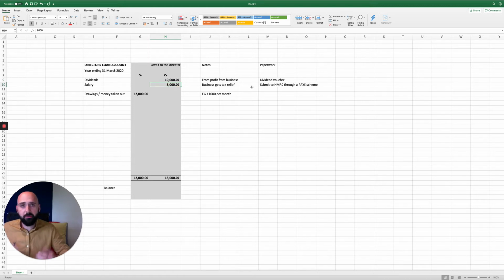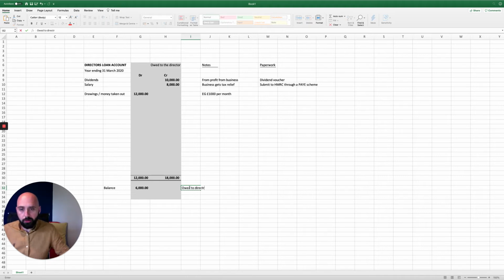Well, you've not decided, you've been advised that that's the amount to run through your salary because it's tax efficient to do so. So you're owed £18,000, but you've only physically taken out 12, maybe because there's not enough money in the bank or you want to leave it in the business. So the balance remaining is £6,000. So at the end of the year, you're still owed £6,000, owed to the director.